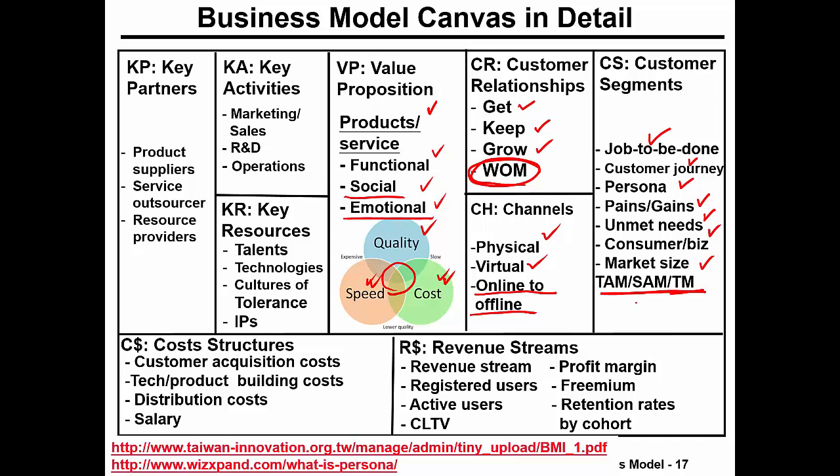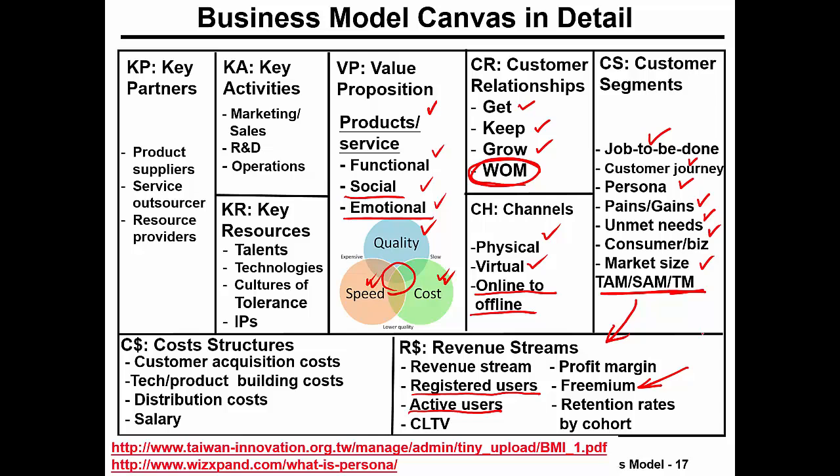You can describe your revenue stream, and sometimes in the early stage you may not be making a lot of money. Then you may want to describe how many users you have, registered users, active users, and what the pricing scheme is.